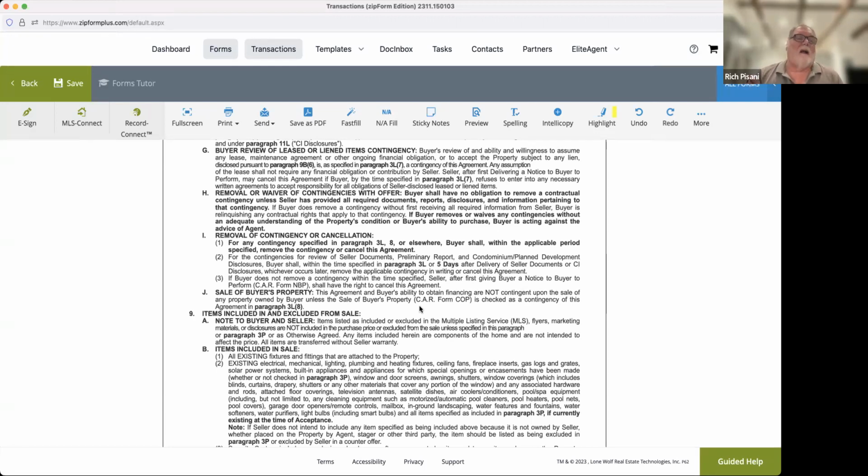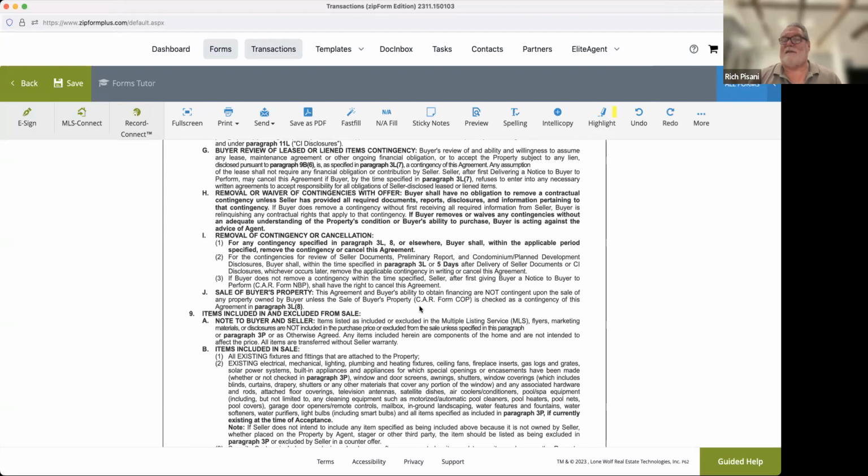That's why about a year or so ago, there were those contracts written by other brokerages. They wrote their own contract, and in that, they removed the active part of a contingency.